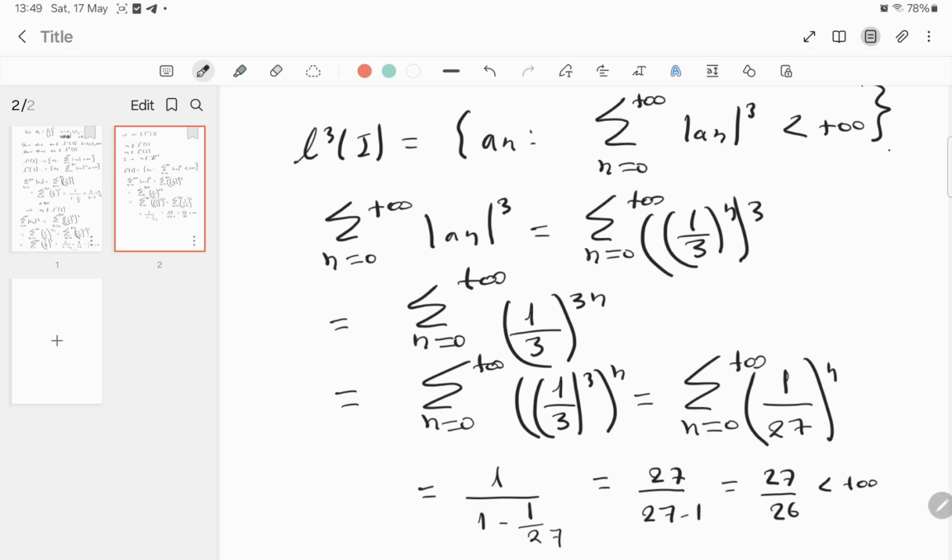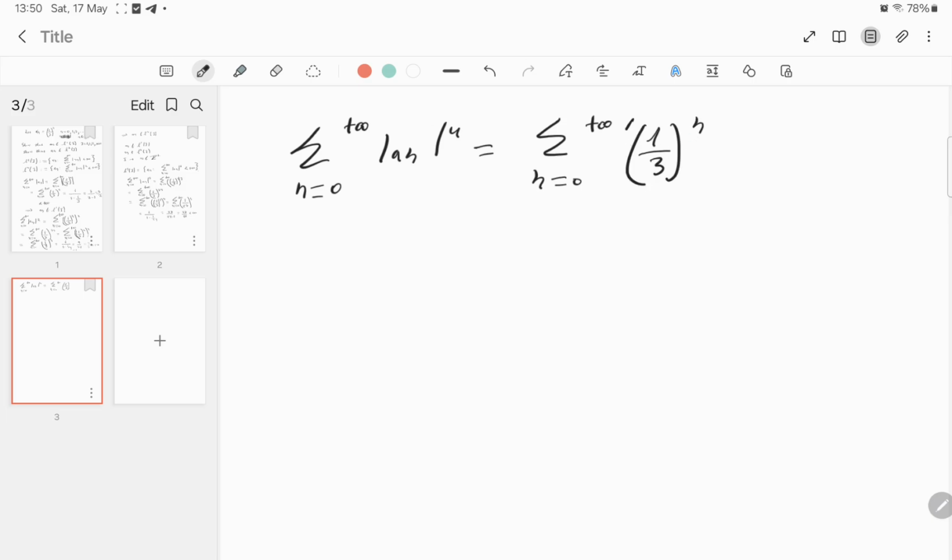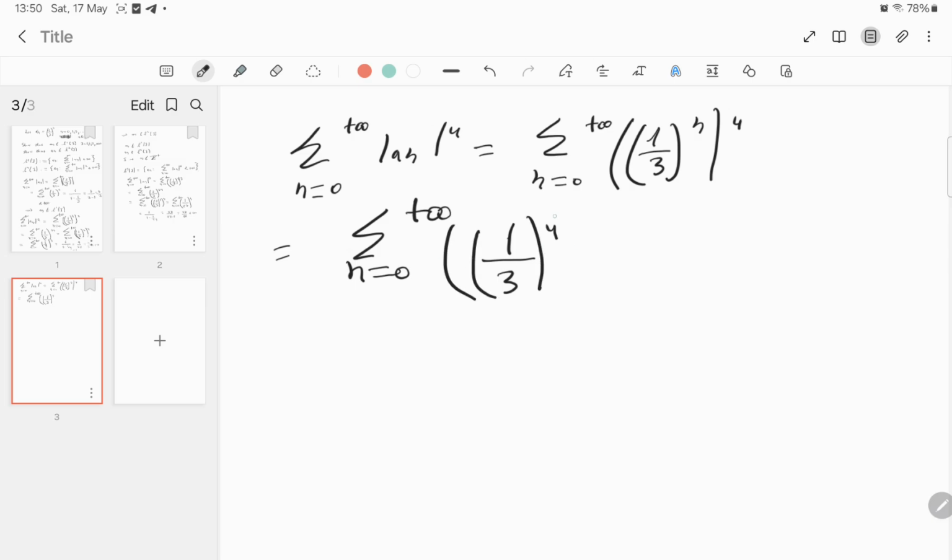And you can do the same calculation for l4. You take the sum from n equals 0 to infinity of a_n to the power of 4. That's the sum of a third to the power of n, and all to the power of 4. By using the index laws, that is 1 over 3 to the power of 4, and the whole thing is to the power of n. 3 to the power of 4 is 81.